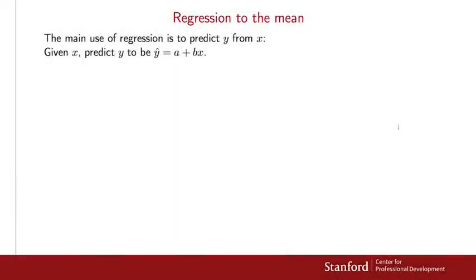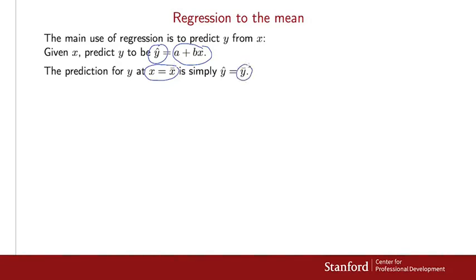Now the main use of regression is to predict y from x, and we can simply do that by plugging x into the equation of our regression line, which gives us the predicted value y hat. Now from the formulas on the previous slide you can see that if we predict at x equal to the average of all the x's, then this prediction will simply produce the average of the y's.